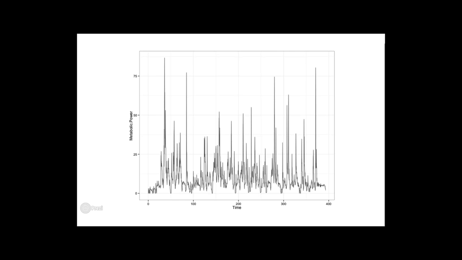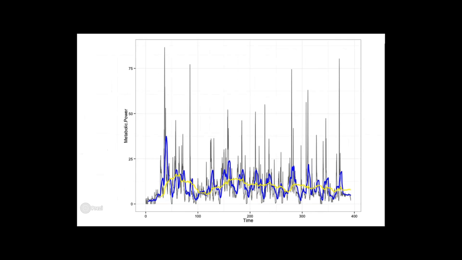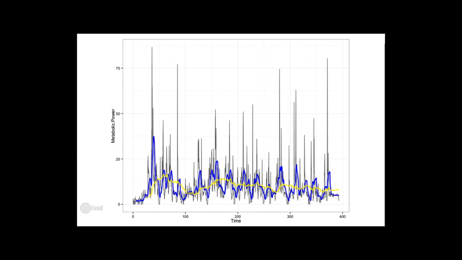And what we try to do is create rolling windows of different durations. For example, if we create a rolling window of 5 seconds and roll it across, what we want to find is the highest average, in this case metabolic power, but it might be the highest average velocity in that 5 second window.